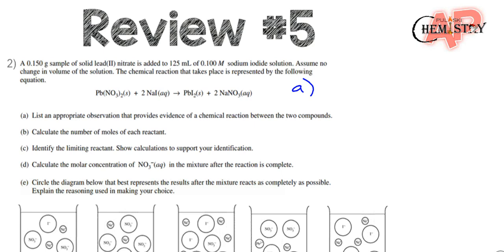A precipitate formed. So now be careful, the really good answer is that a different solid formed than existed initially, because there is a solid there. But a precipitate formed, exactly what it is. So you would have witnessed a precipitate.